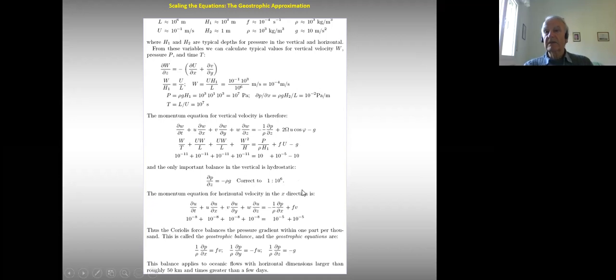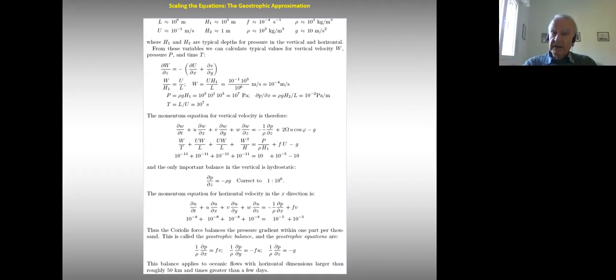The momentum equation for horizontal velocity in the x direction. So in the vertical, let's summarize so far: the approximation of the hydrostatic equation is an extremely good approximation up to 10 to the minus 6.